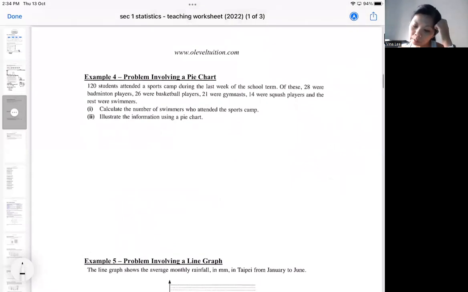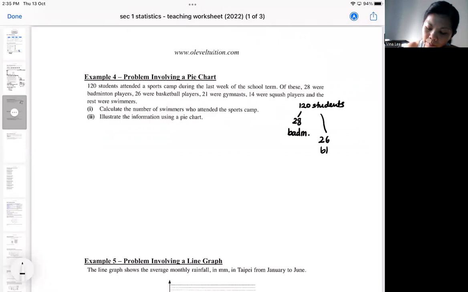We got 120 students who attend a sports camp. Out of these 120 students, we got 28 who are badminton players, 26 who are basketball, 21 who are gymnasts, and 14 who are squash.